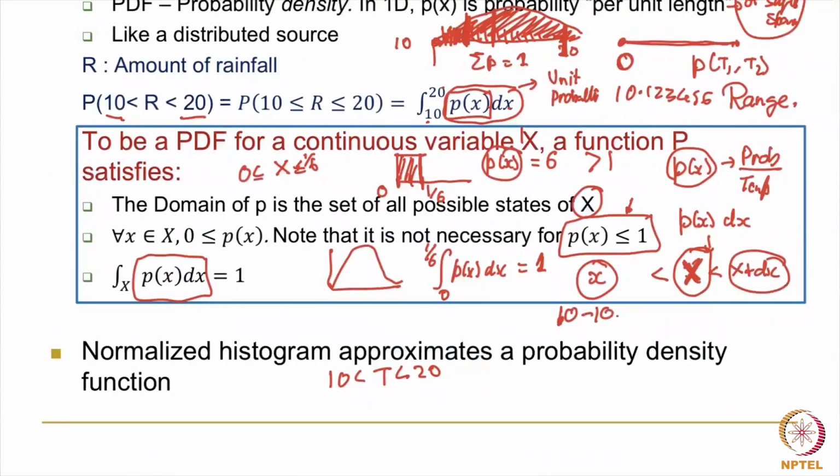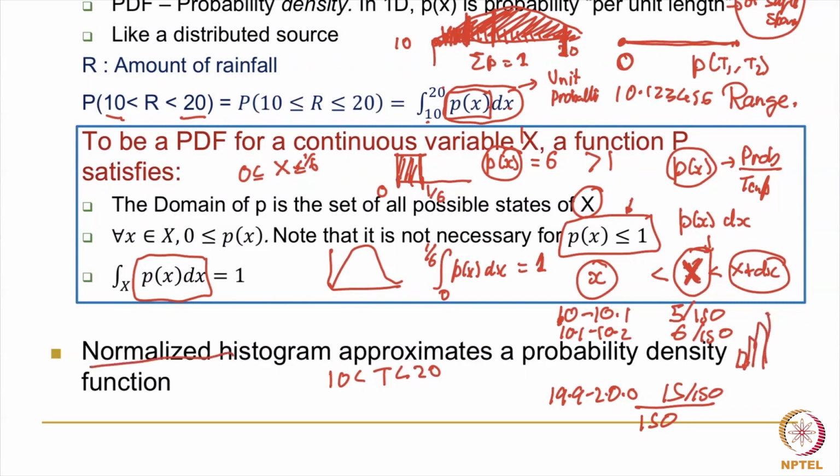Maybe it was 5 times, then 10.1 and 10.2, maybe it was 6 times, etc. Then I went till 19.9 to 20, and this was, let's say, 15 times. And now I take the total number of events, let's say this was 150, and find out the fraction, 5 by 150, 6 by 150, 15 by 150, and then draw a histogram. This is what is known as a normalized histogram, so that all of the fractions add up to 1.